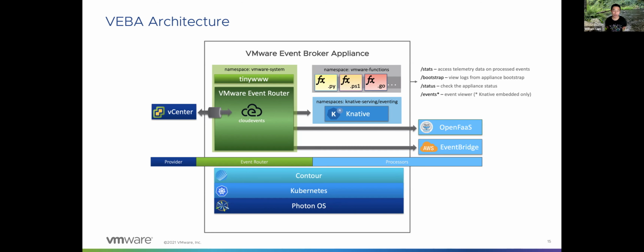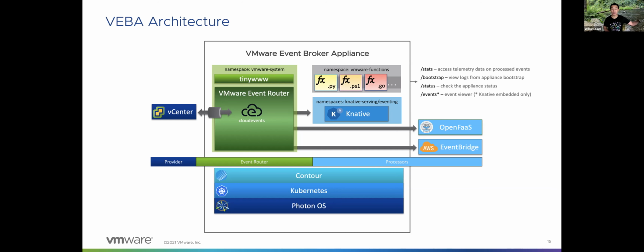Absolutely, yeah. Like I said, the event router just needs a read-only account, so you won't be able to do any operations, and it's responsible for talking to your event source. In this case, we're talking about vCenter, but you can replace that vCenter box with almost any arbitrary system if you want to publish custom events. Now, depending on what your function is going to do, you have the ability for that function to also deploy secrets that are unique to that particular function.